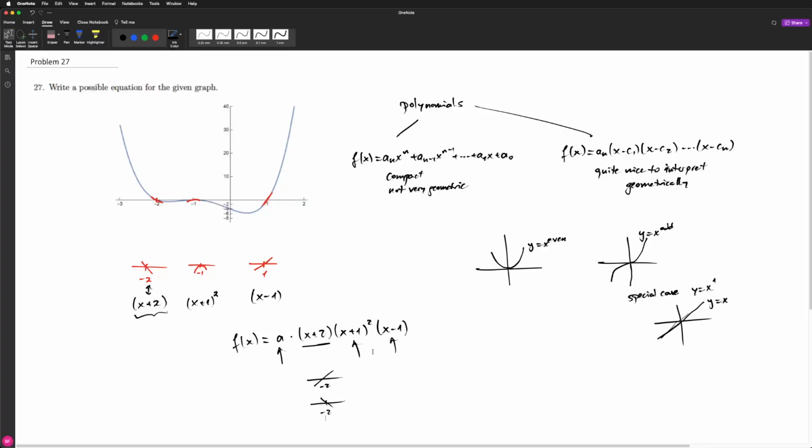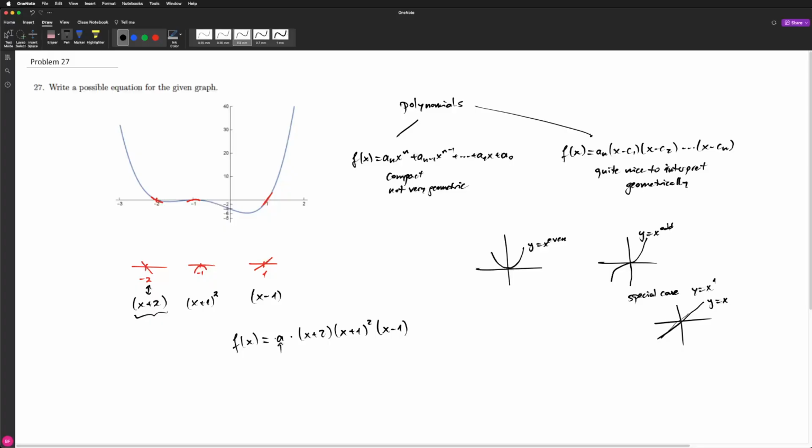So the signs of the other terms at -2 will determine that. So all we have to figure out is what A is, whether there is a vertical reflection, and what the vertical stretch is.